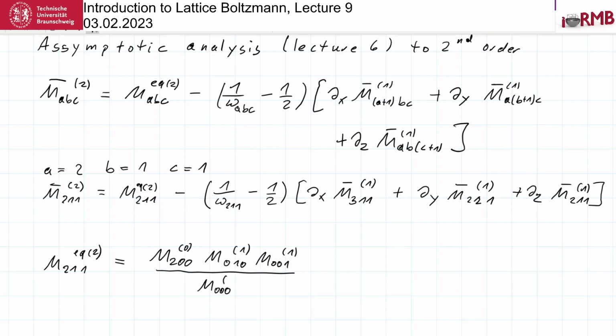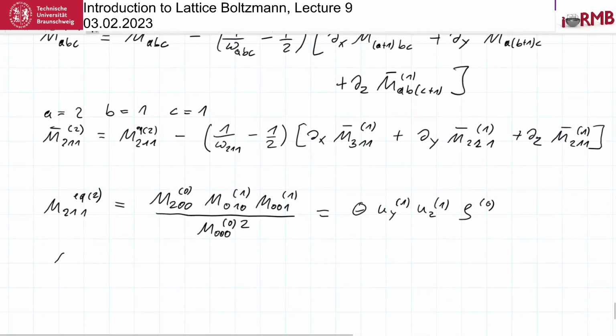So in this we divide by the zero order square. And this turns out to be theta, which is 1/3, uy. Last year I wrote this a little bit differently, but okay. And this into zero order for rho. Okay, so this is the equilibrium.